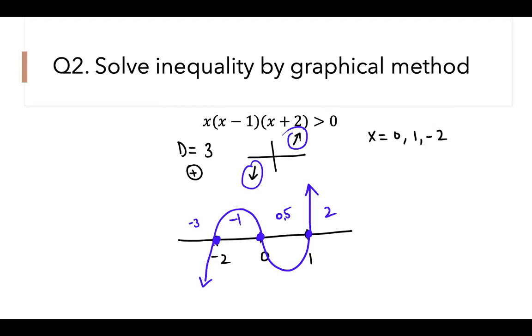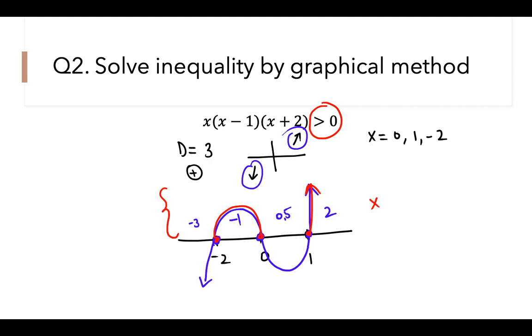Okay, so therefore, the final step after figuring out the interval sign is to figure out which interval is going to be greater than 0. Greater than 0 means above the x-axis. So it looks like this interval is above the x-axis, and from here to here is above.